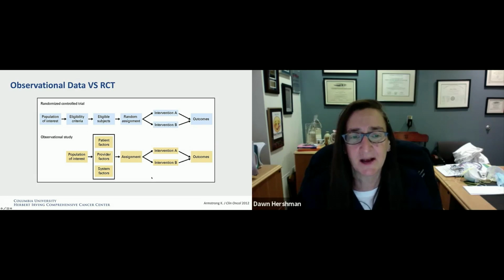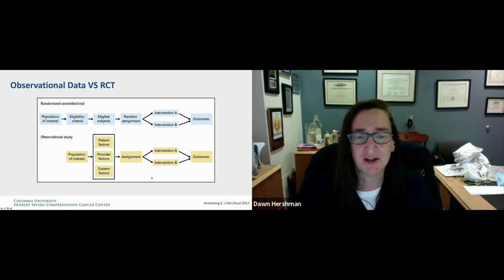Observational studies, however, look at large cohorts of patients, whether they're part of cohort studies or, more recently, observational studies with linked data, where patients are determined to get intervention A or B based on preferences.